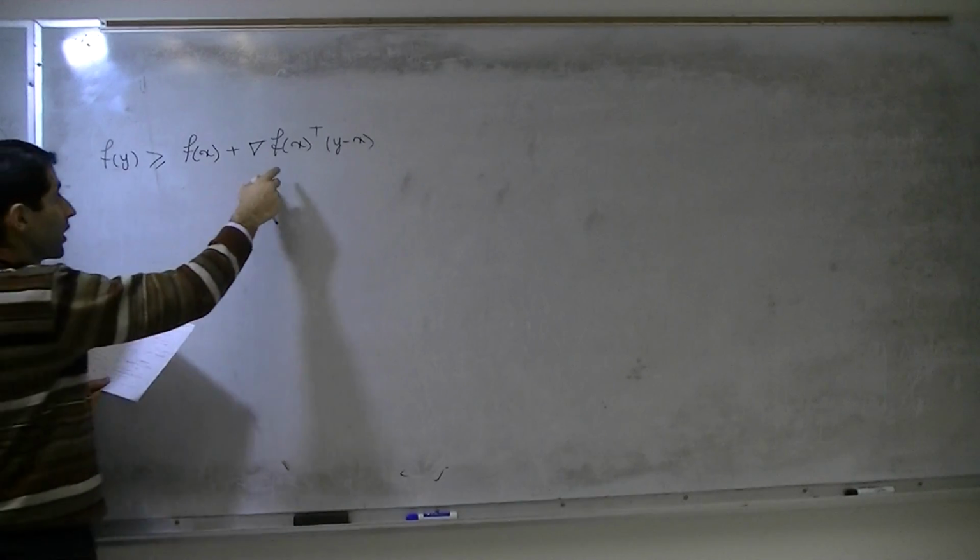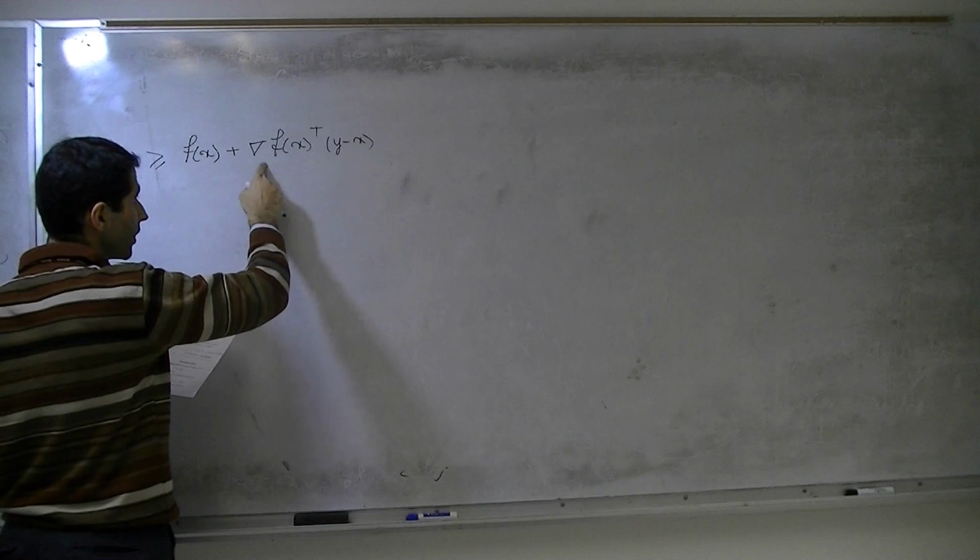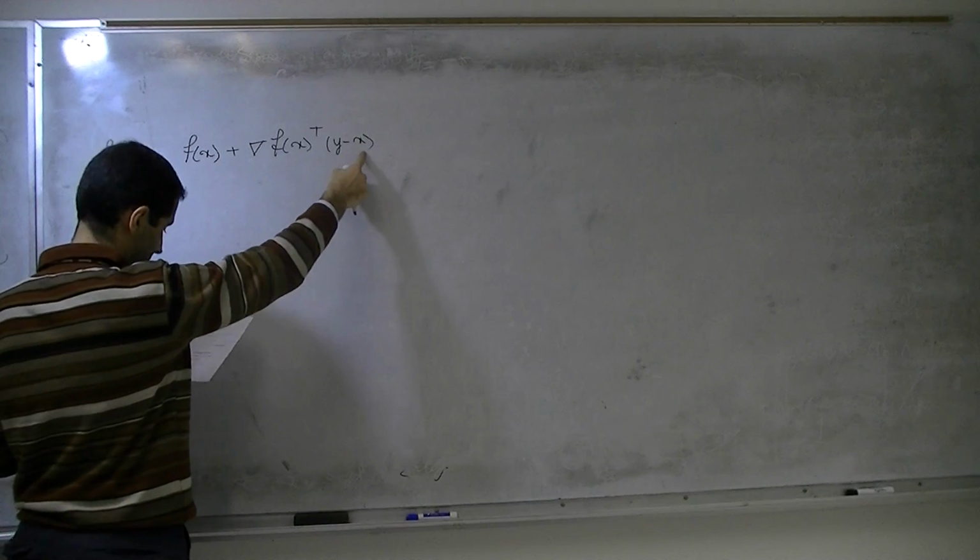Is the notation clear? The first order derivative at the point y minus x.